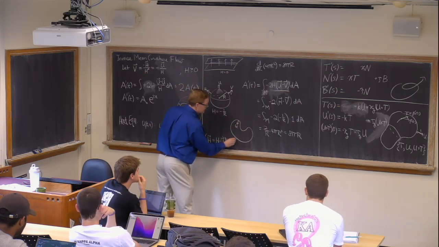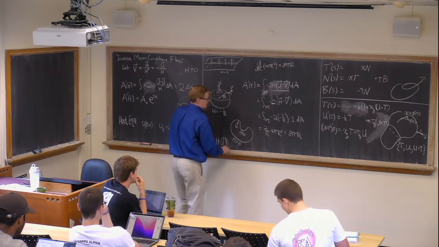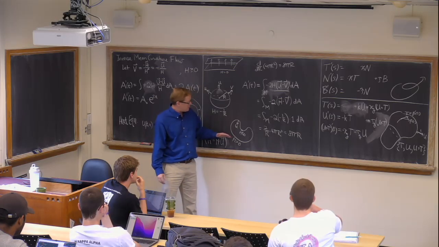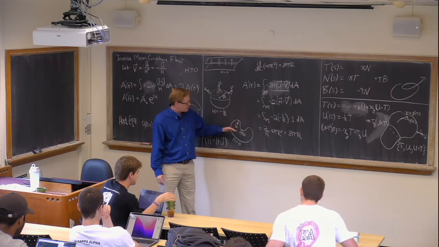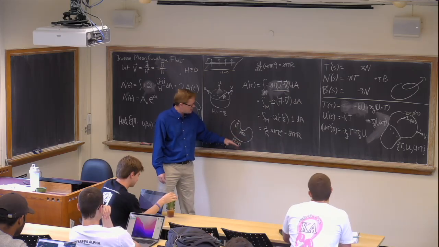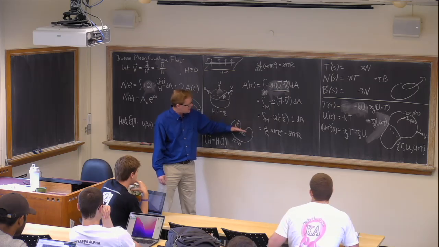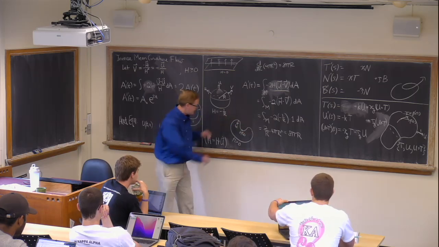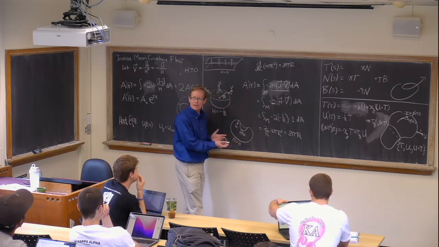So here the mean curvature would be positive, and here the mean curvature is negative, right at this point. Inverse mean curvature flow wants to grow the area exponentially, so it's going to go out here. Now here it's negative, but more importantly, if I were to do any flow, notice that the area is actually going down. I can actually decrease the area by flowing out this way. You'll see it has less area, not more area.